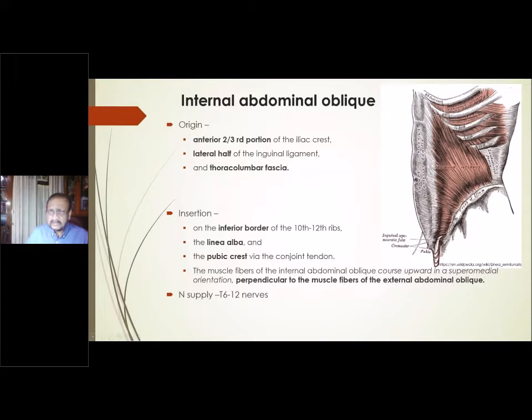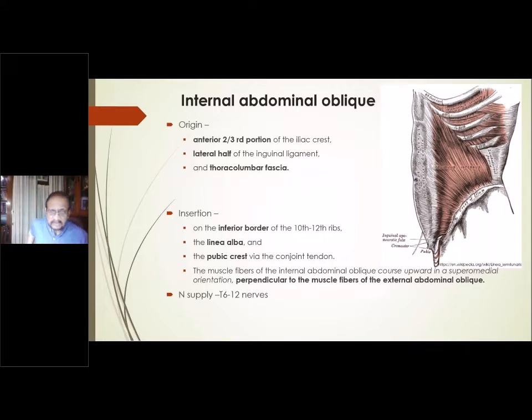These fibers go up exactly at right angles to the external oblique fibers, and are inserted into the inferior border of the 10th to 12th ribs, you can see these ribs, and the linea alba, the midline, and the pubic crest via the conjoint tendon, right? So it forms arching fibers out here and then attaches itself to the pubic crest.